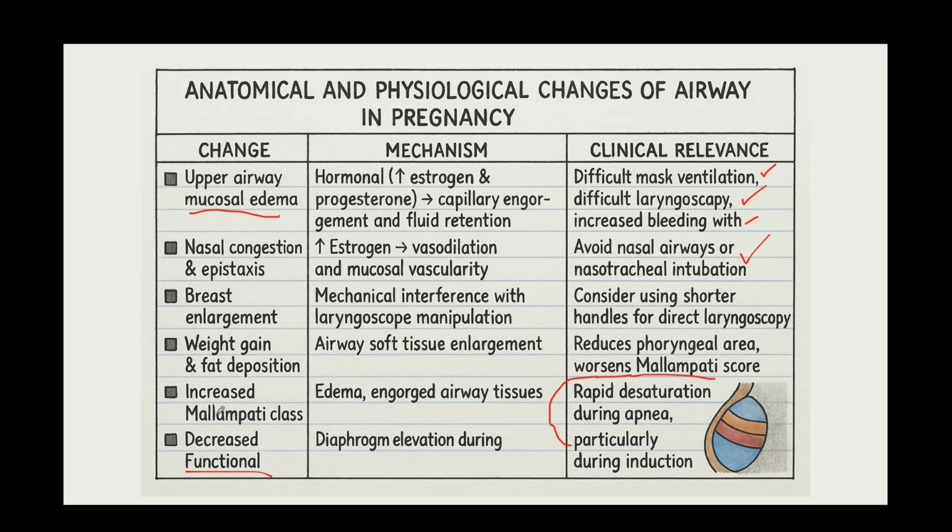Let's also remember that there is 10 to 12% weight gain in the parturient. This will lead to airway soft tissue enlargement besides breast enlargement, which will interfere with the mechanical movement and ventilation of the parturient. So laryngoscopy will be difficult. That's why Mallampati invented his Mallampati score.